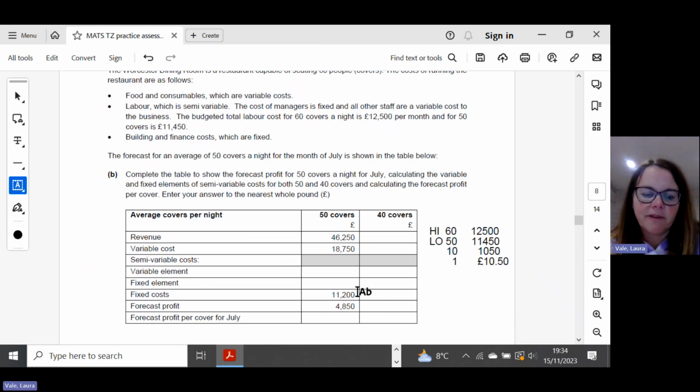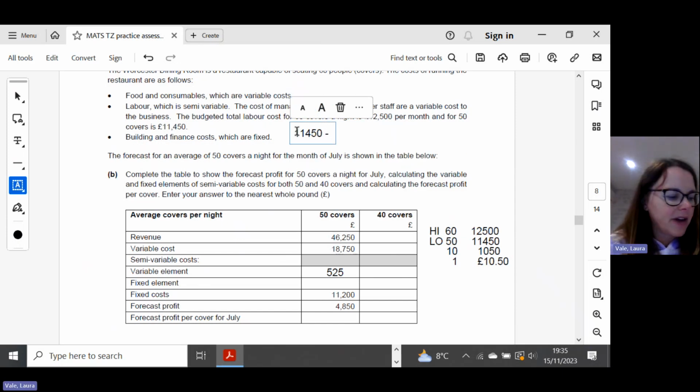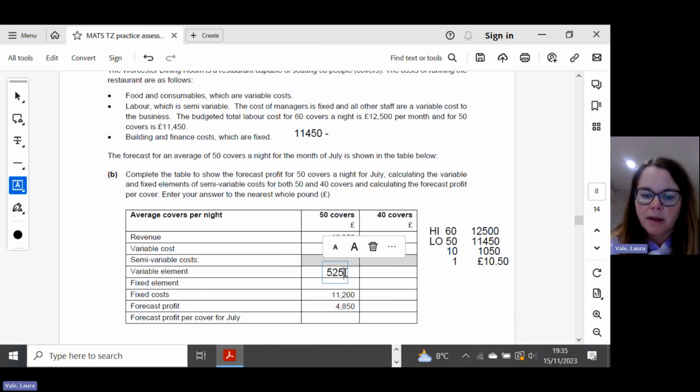Just going to do this on my calculator. So £10.50 times 50 is 525. So that's my variable element. And then to work out my fixed element, if I know that 50 covers is a total of 11,450, and I know that the variable bit of it, oh, hang on a minute, if I missed a zero out there, that doesn't look right. £10.50 times 50.